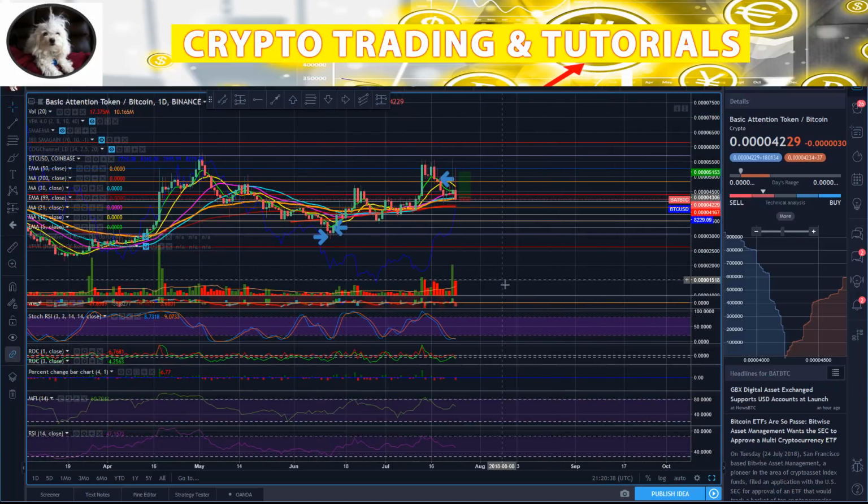So oftentimes, I might look at something on a lower time frame, and then I look at the daily, and then the daily shows me that it's at the top of a range, and that's where I go, well, this is a little bit more risky because it's at the top of a daily range, and these confirmations that I got from maybe indicators or anything else on a daily chart, it looks more risky and it's not worth the trade. So that's why you should be looking at multiple time frames.